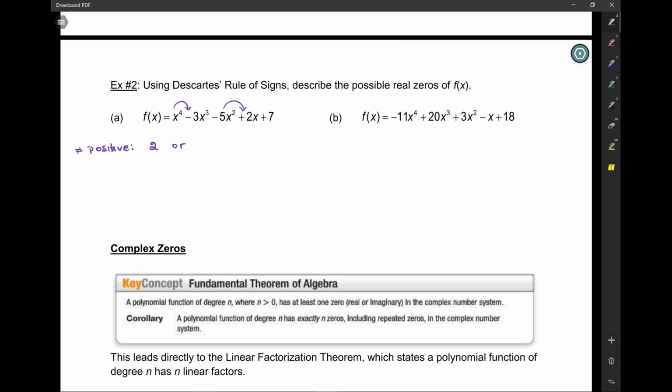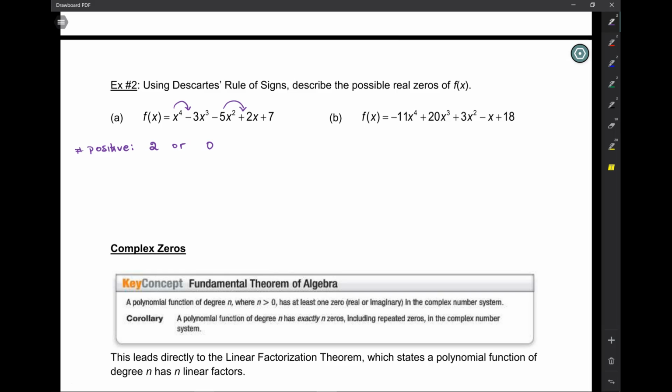So, if this is a 2, it's 2 or 0. Suppose this was a 4. Then it would be 4 or 2 or 0. Suppose this was a 5. Then it would be what? 5 or 3 or 1. And that's it. Suppose that was a 1. Then it's just a 1.